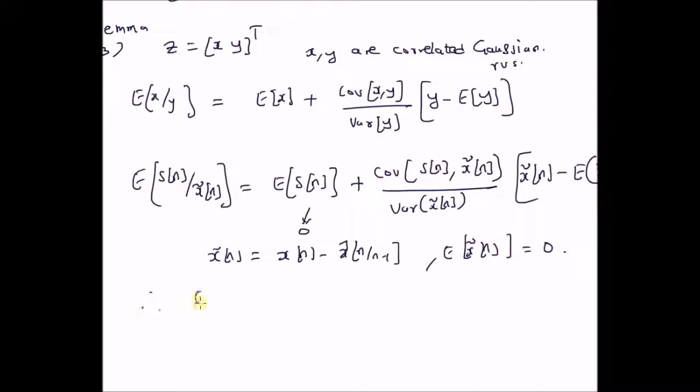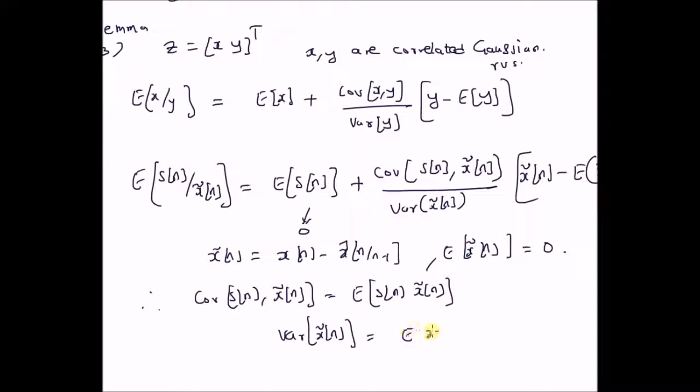Therefore, the covariance of s of n and x tilde of n is equal to the correlation between s of n and x tilde of n, which is the expectation of s of n multiplied by x tilde of n. And the variance is, of course, the expectation of x tilde square of n.